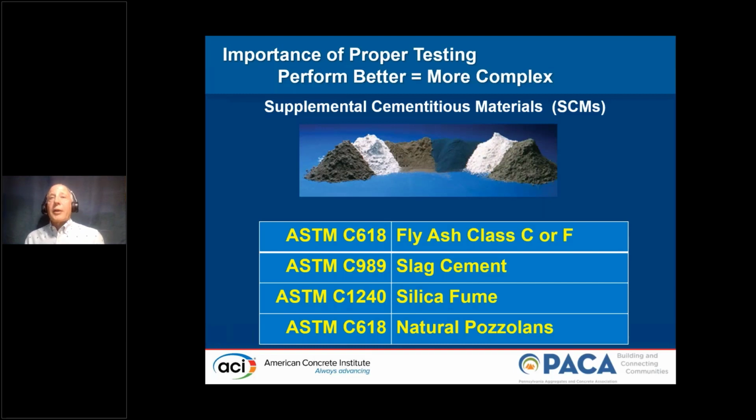It's a bit more complex, and one of the things that make it more complex is our use of supplemental cementitious materials, or SCMs for short. We have an acronym for everything. Here you see them: fly ash, slag cement, etc. And we use these.